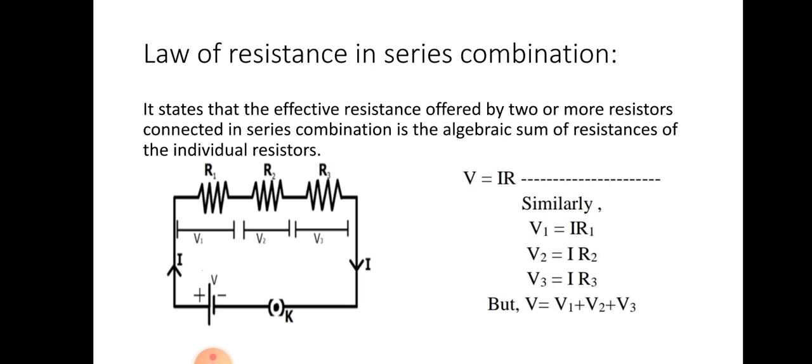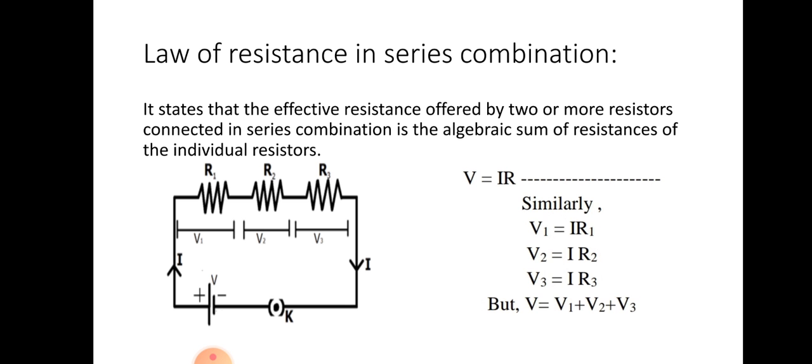You have to remember that the overall effective total resistance you get by the combination of these three resistors, or n number of resistors, will be the sum of the individual resistors. Okay, so you have to keep this in mind.